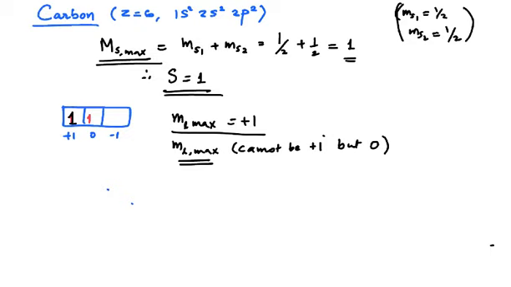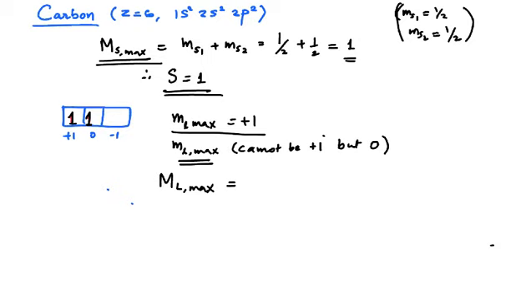Now the second electron cannot go to the same Ml state because, according to Hund's rule, we first fill the electrons without pairing them. So the second electron will not have Ml equal to 1, but it will have Ml equal to 0.